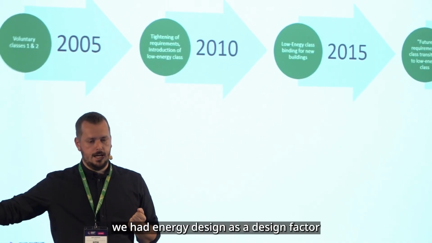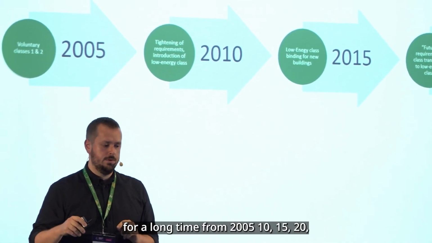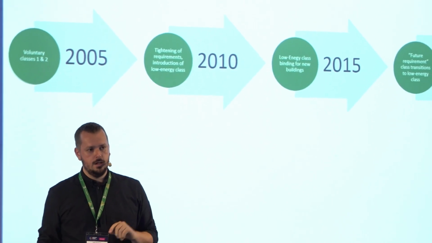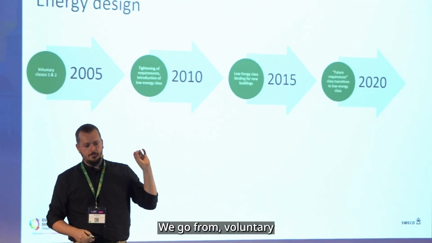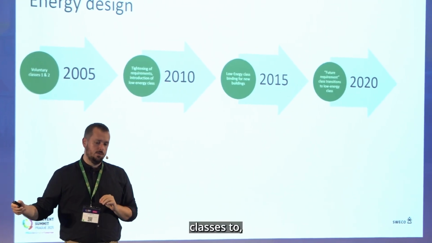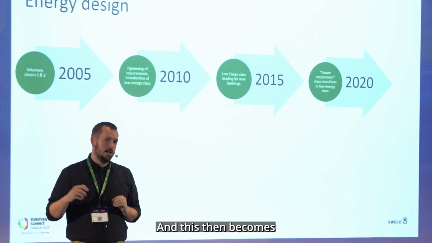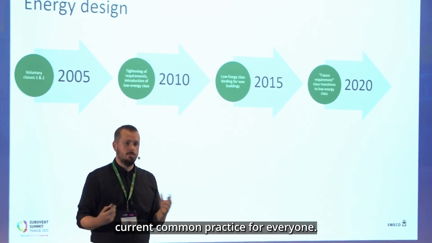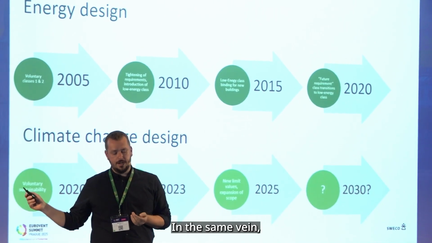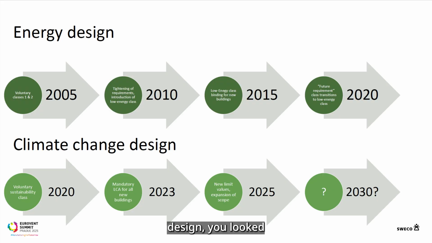In Denmark, we had energy design as a design factor for a long time, from 2005, 10, 15, 20. We go from voluntary classes to it being mandatory for everyone, and then this becomes current common practice for everyone. In the same vein, for climate change design, you looked to the energy design to say, okay, can we learn something from this?